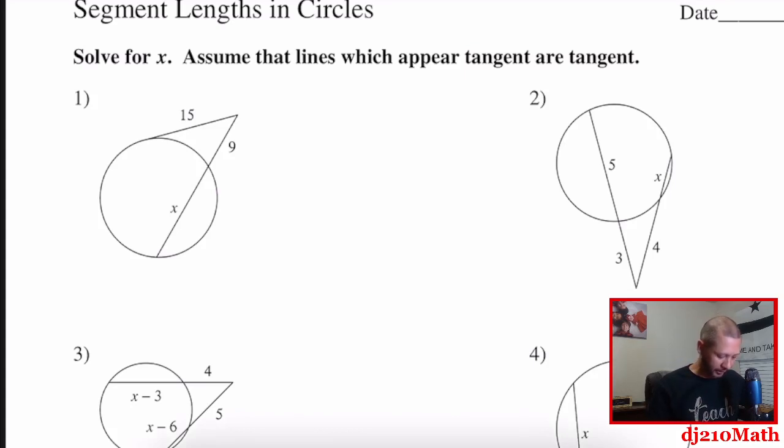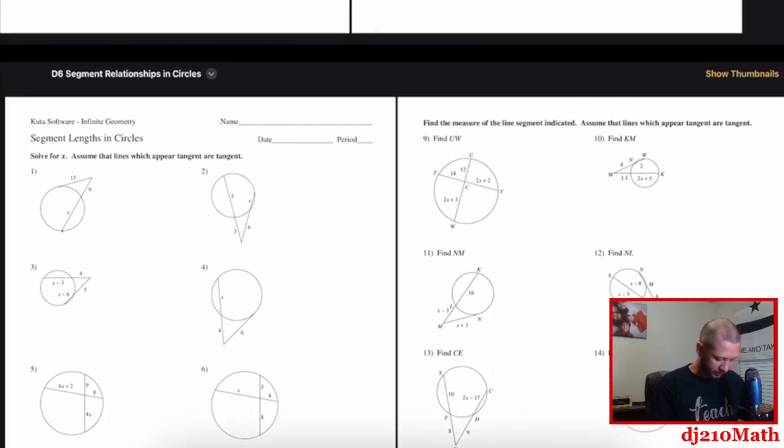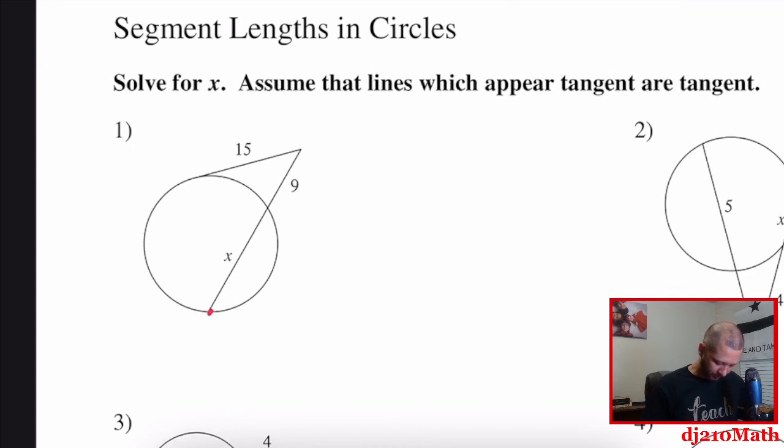A secant line touches in exactly two spots, and a tangent line touches at exactly one spot. So it's a secant and a tangent line.